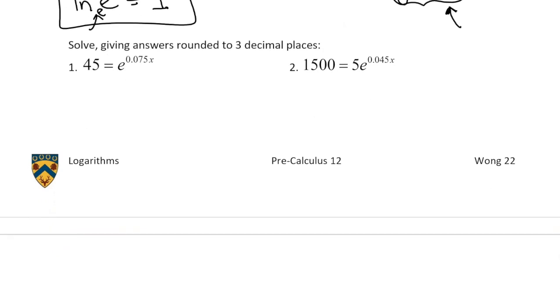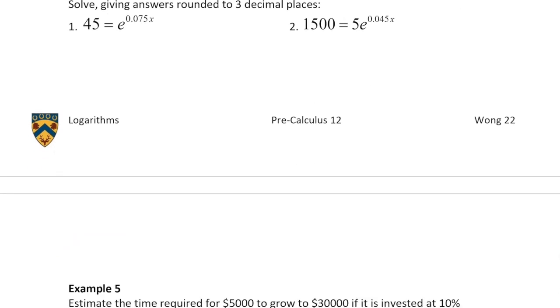Okay, so let's look at these next two examples right here. This is just having the value of e, and they're saying, well, what would happen if you were able to compound something with that? So solve these questions. Let's start by taking ln of both sides.